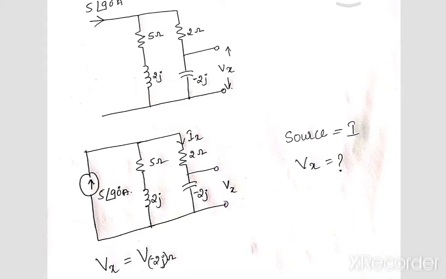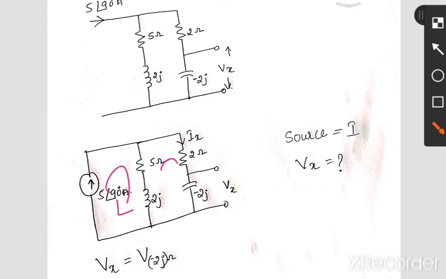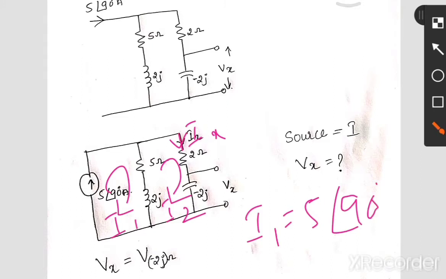Okay, for that let's apply KVL. So first loop, and you can take a second loop. We have mentioned here Ix. You can remember, you can take it as I2, and this is I1. I1 is nothing but phi at an angle 90, because an independent current source is there, so no need of applying any law, KVL, for that.